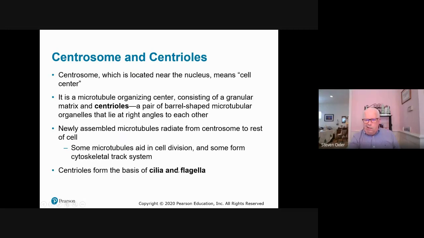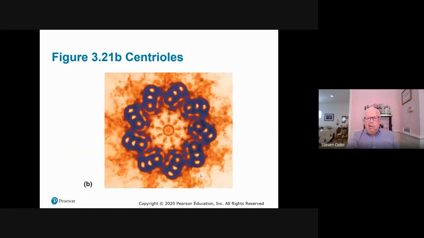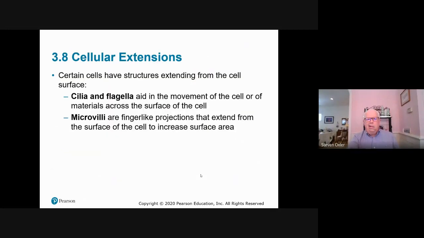Without this tail, that sperm cannot fertilize that egg. Here again, cilia and flagella. Hairs in the respiratory tract to get rid of dust. The tail of the sperm as the sperm swims up the fallopian tube to get to the egg. All motor, all motor.